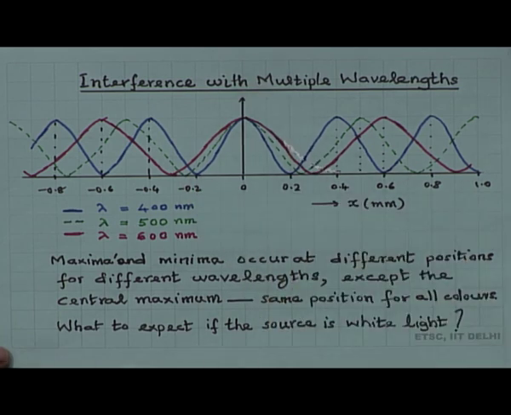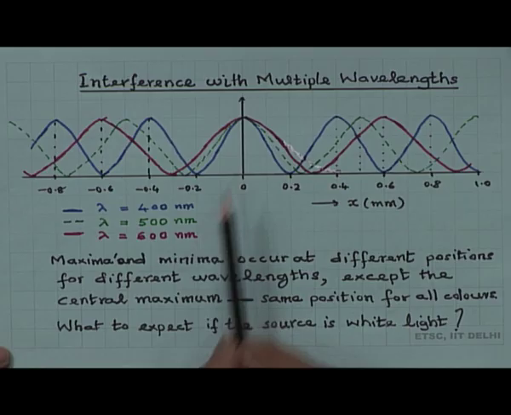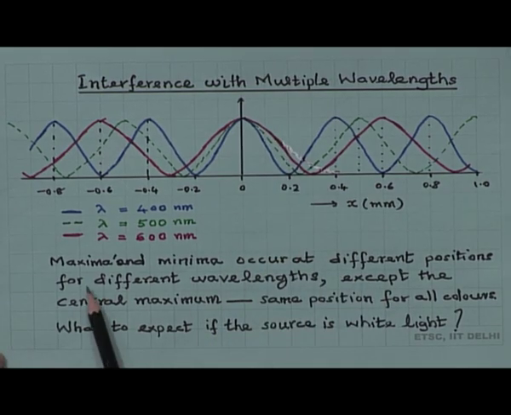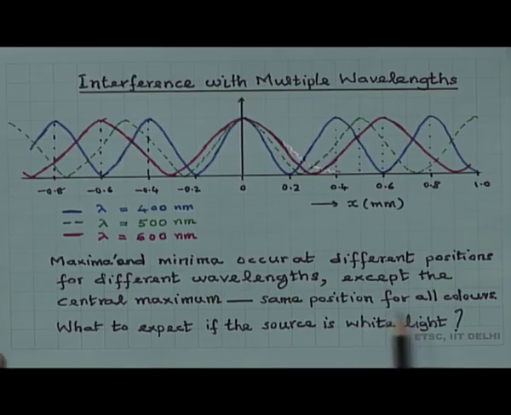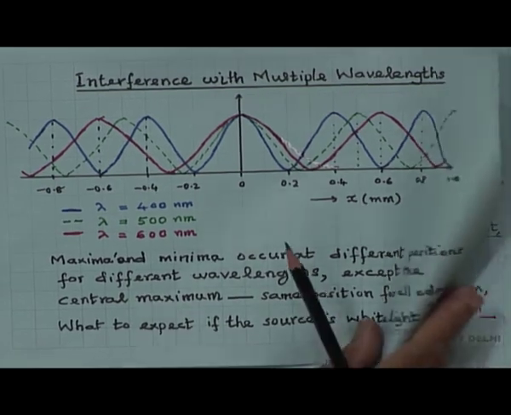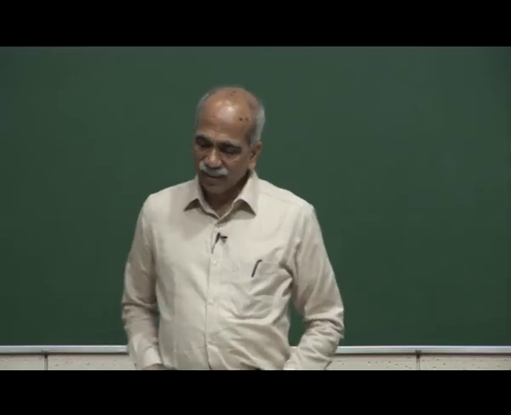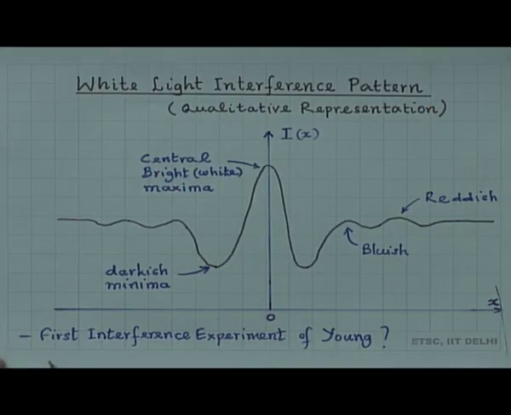What will be the net sum? The amplitudes will add in such a way that the maxima and minima occur at different points for different wavelengths except the central maxima. It is the same position for all the colors. So, what to expect? The net effect is shown here, which is the white light interference pattern.